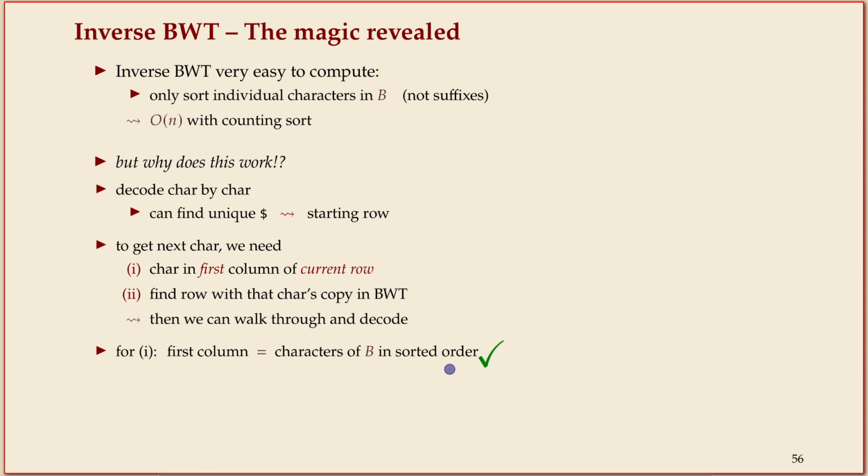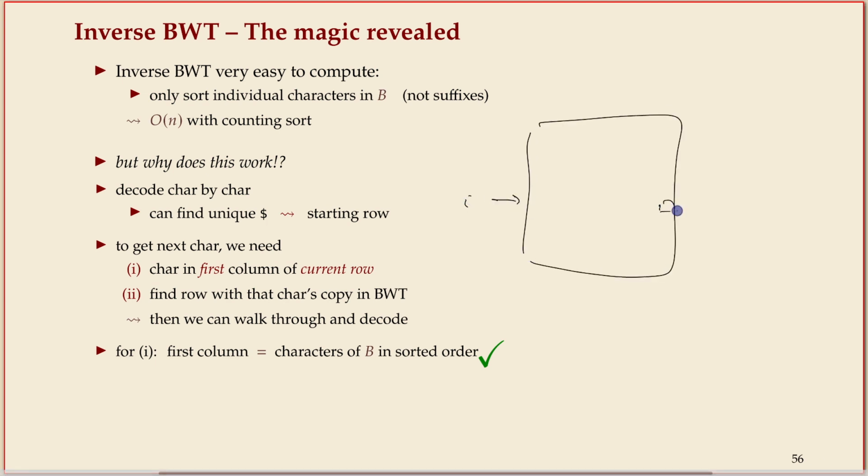How do we do step one? If we know the index of the column in the BWT, so if we know how manyth character in the BWT we currently have, we know the index of the row. So we know the index I, where we currently look at this thing here.